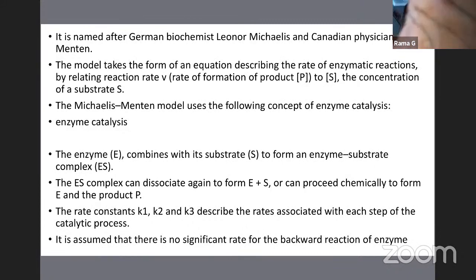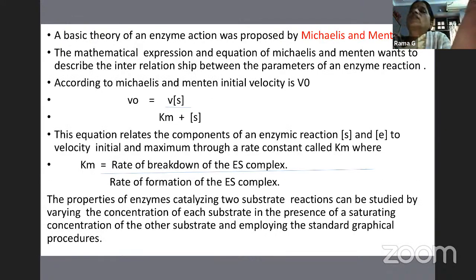Both of them proposed one theory, in which a mathematical expression and equation of Michaelis and Menten describes the interrelationship between the parameters of an enzyme reaction. According to them, the initial velocity is V0, and V0 is equal to substrate concentration divided by Km plus substrate concentration.